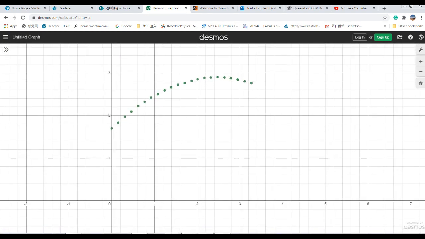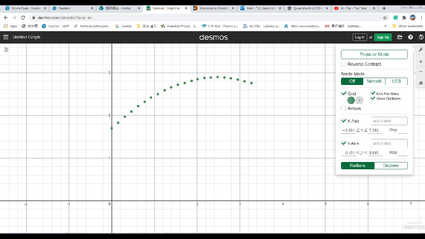Sometimes you want to get the window exactly for your graph. You could do it in a more calibrated way by inputting the values for the range of x and range of y.